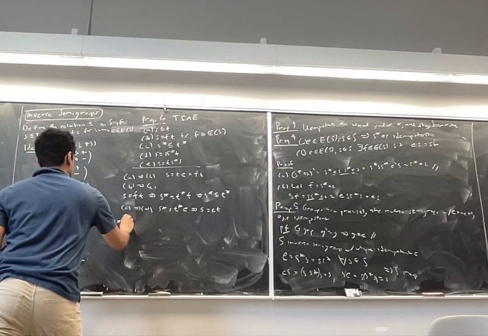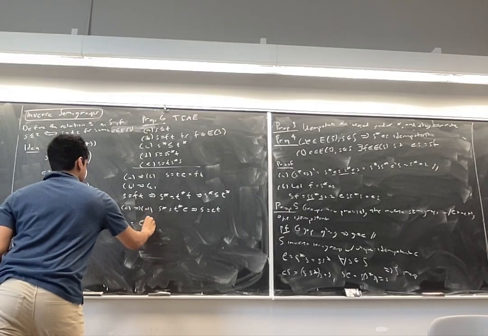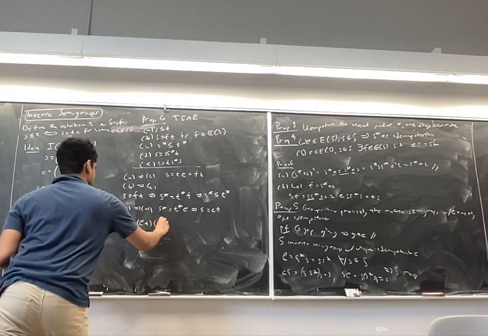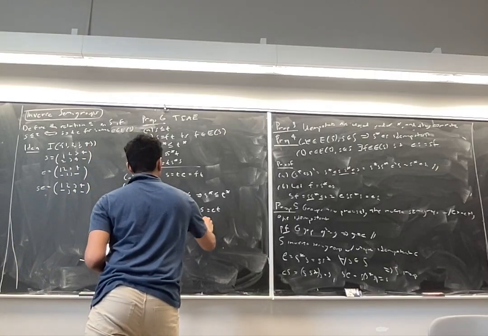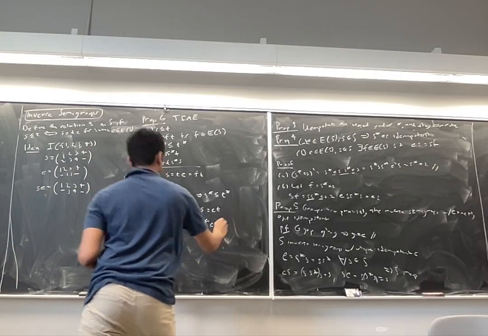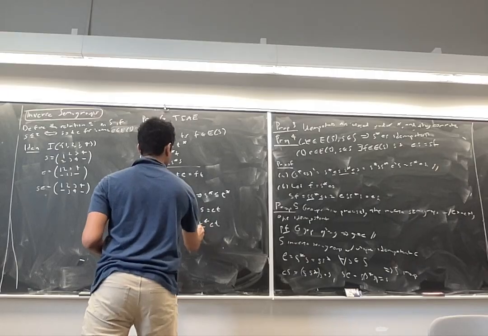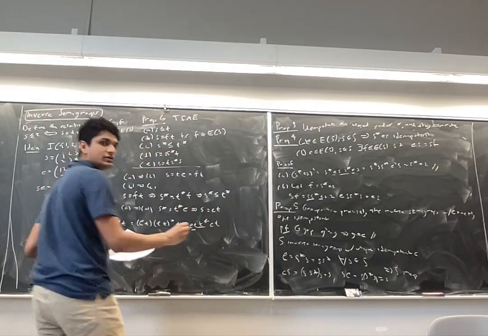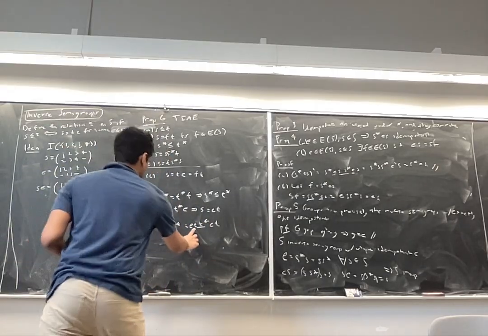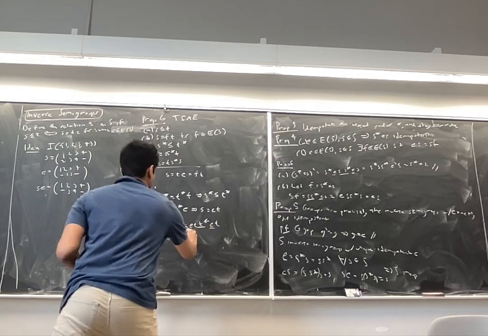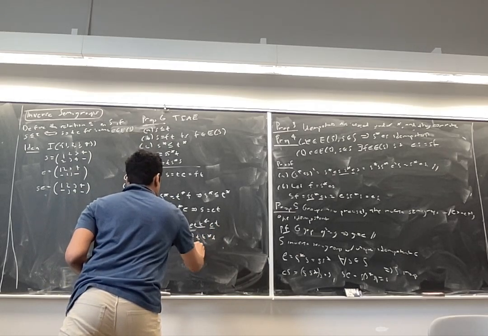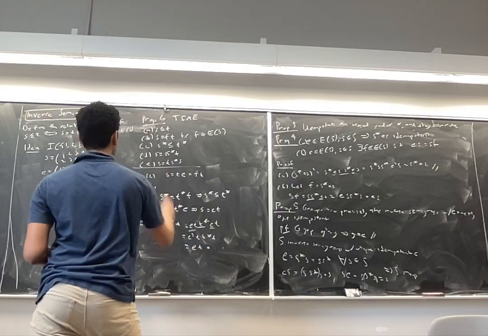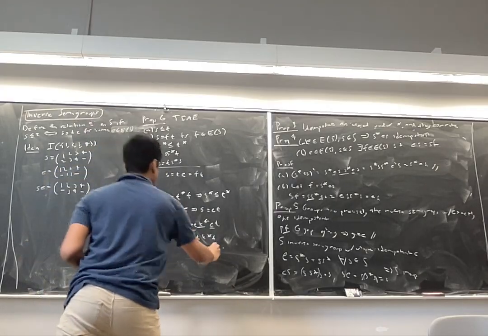S inverse T is going to be ET inverse T, which is ET T inverse ET. And we know we can commute these two idempotents. Or no, I want to commute these two idempotents. So I'll get E squared T star T, which is ET, which is S.